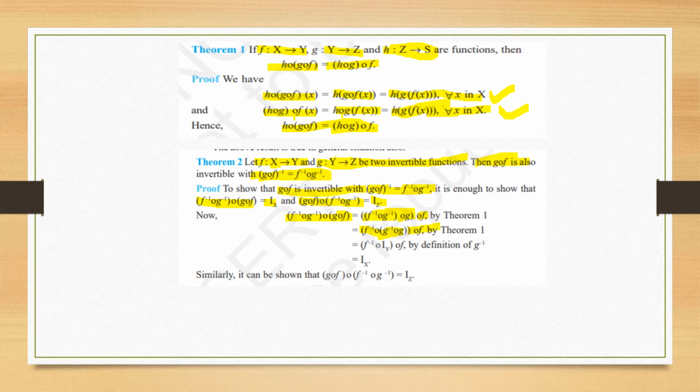What is g inverse ∘ g? By the definition of g inverse, g inverse ∘ g is I_Y. So it becomes f inverse ∘ I_Y ∘ f, and it becomes f inverse ∘ f, which is I_X, the identity function of X. Similarly, the second part can also be shown to be the identity function of Z.